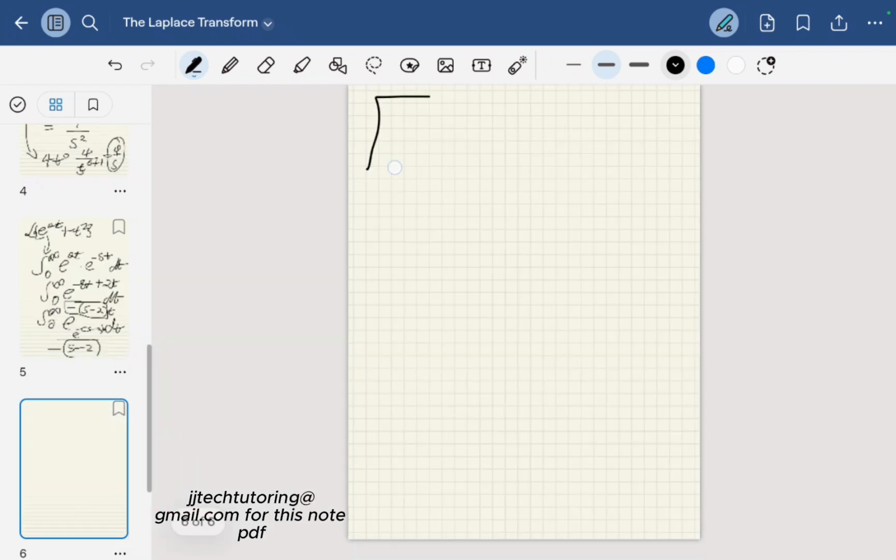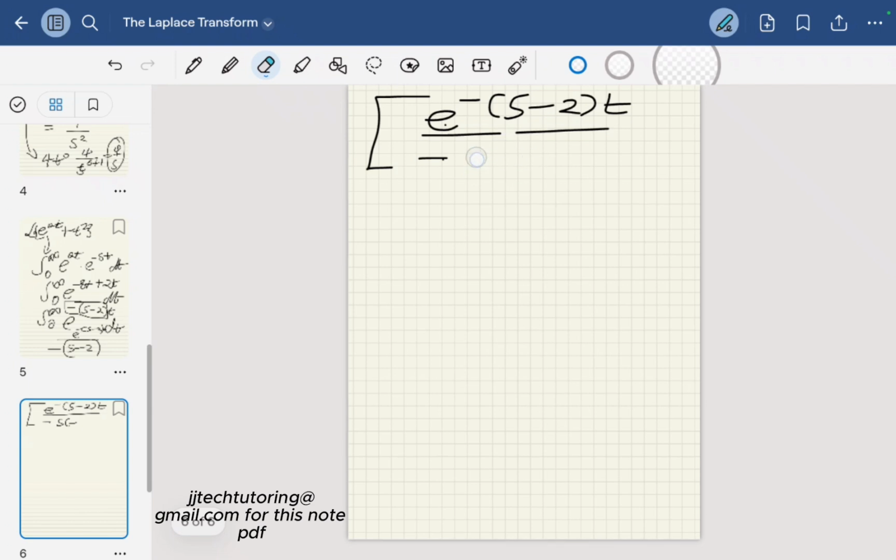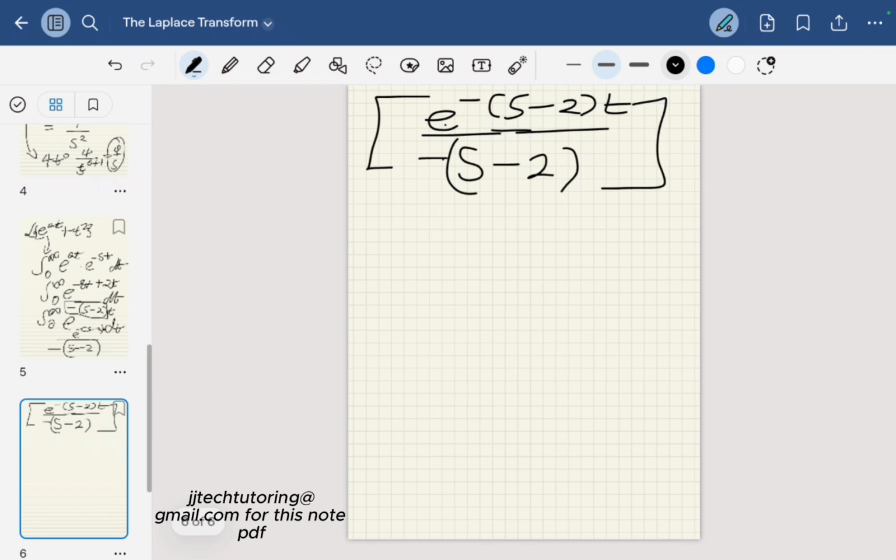So you're going to have e to the power negative s minus 2t divided by negative s minus 2. Now, infinity and 0: infinity makes it go away, and minus 0 will make it to be 1.